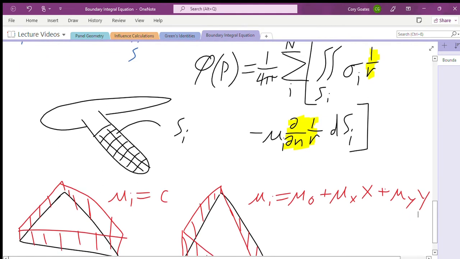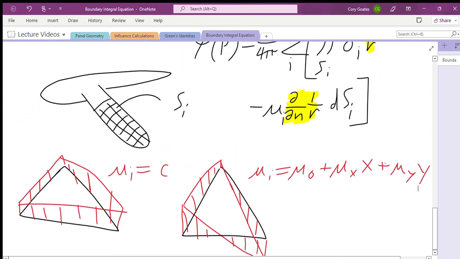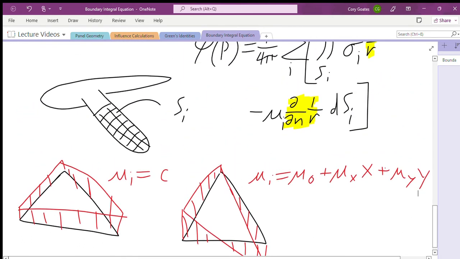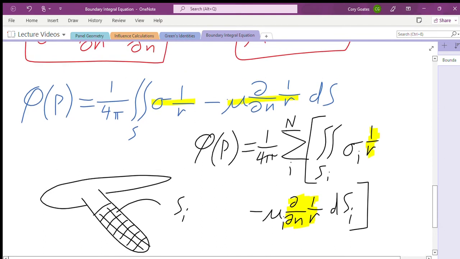Now in doing so, we're introducing some approximation. You can imagine that in the exact solution to this boundary integral equation up here, sigma and mu could be anything. It's some arbitrary distribution of source and doublet strength, and it's continuous, it's well defined, it's going to be smooth.